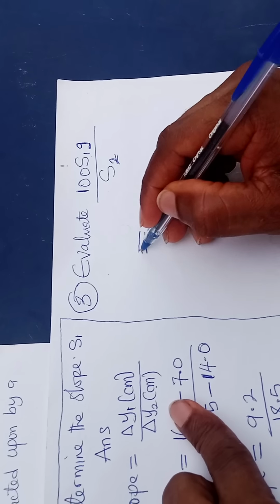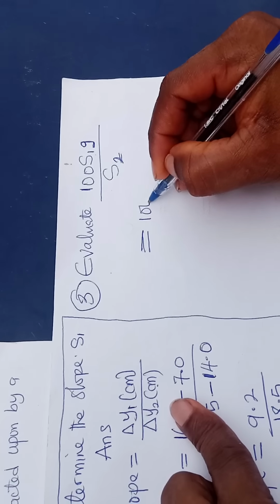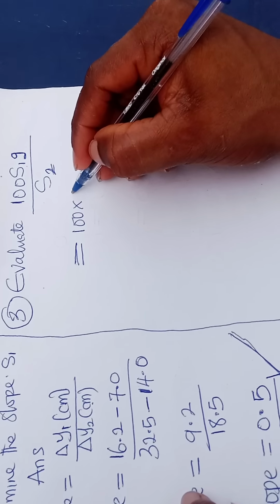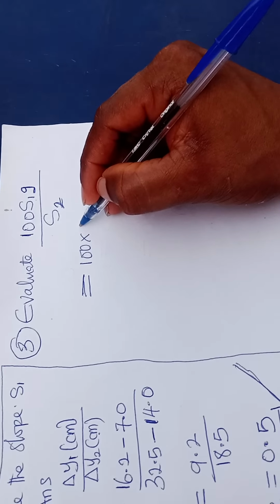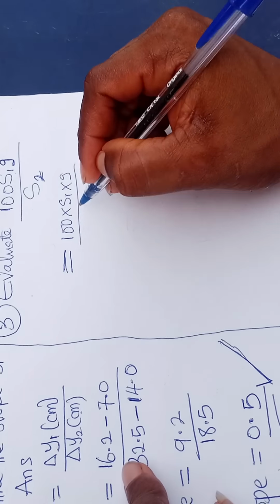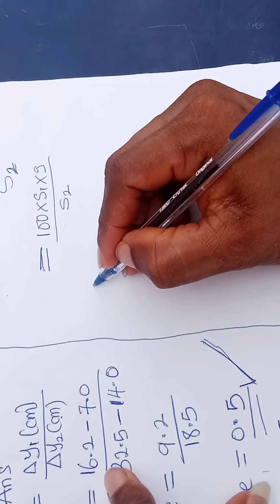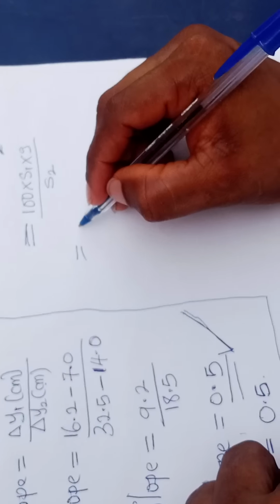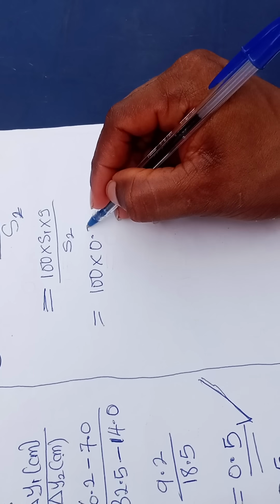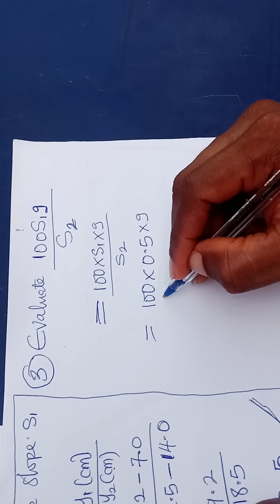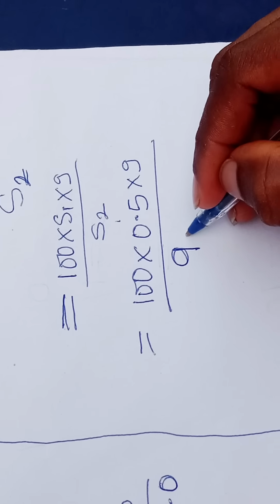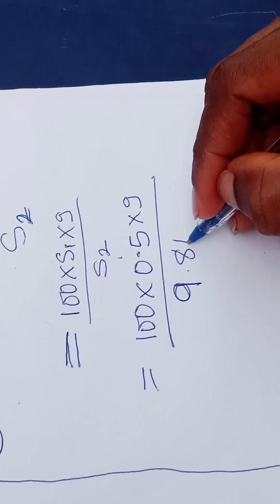So this is 100 times my x1, which is my slope, times g over x2. My x1 is 0.5 times g all over my x2, which is 9.84.